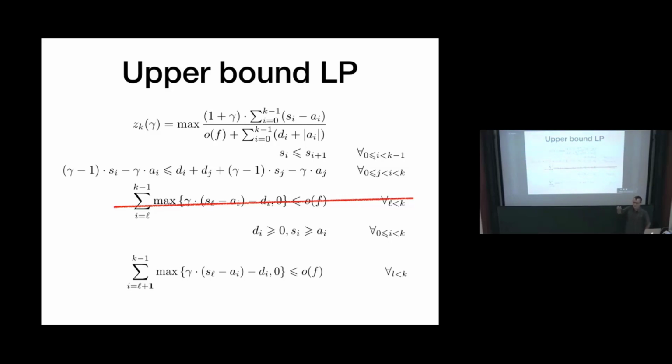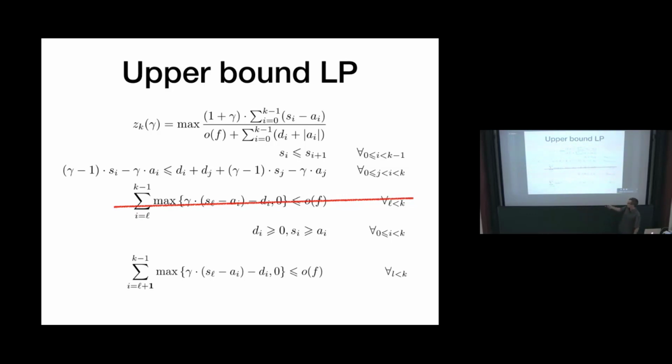And we can formally prove that the value of the modified LP for any k is an upper bound on the whole sequence of lower bound LPs. This is not too difficult. I will not go into details, but it's less than a one page argument. You take a solution from one, you produce a solution of the other.